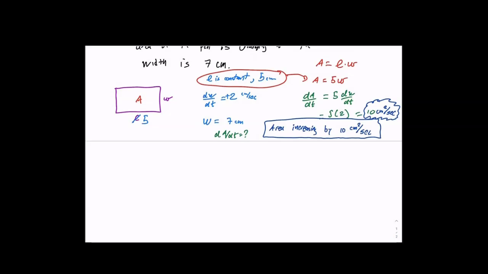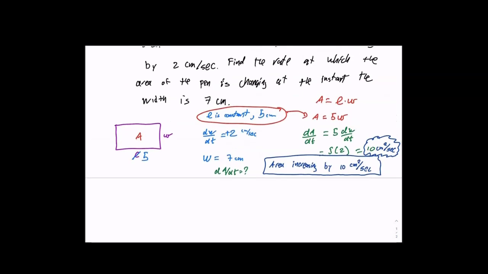Now, I could have solved this problem with L as a variable, and then my area would have been a product rule, and I would have also noted that dLdt is 0. In this problem, it gave me the width, and it actually turns out I don't even need to know what the width is, because we never use it in my final answer to find dAdt.